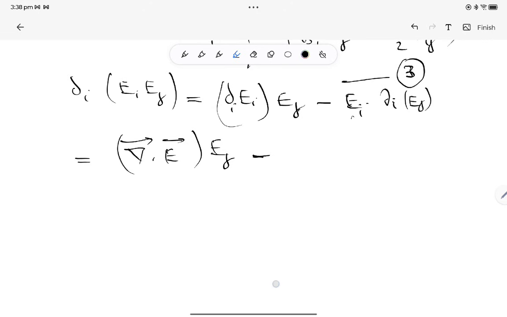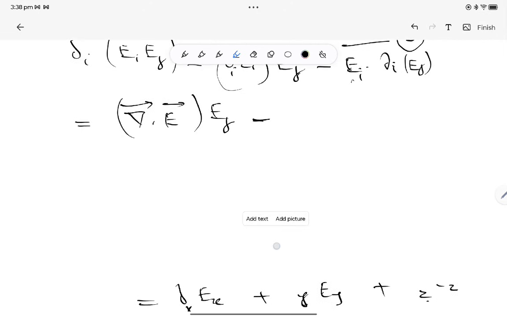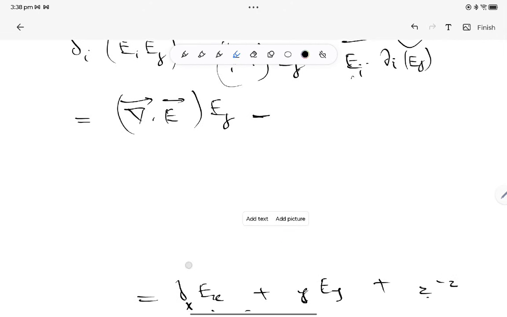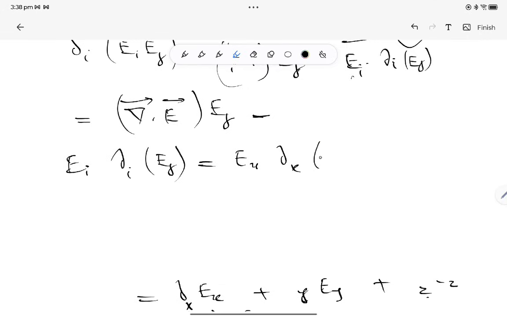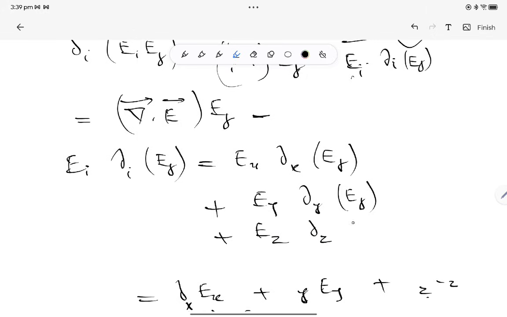Well, we have to sum over i. Keeping it there, we have to write E_i del_i E_j separately as E_x del_x E_j, j is constant, then E_y del_y E_j, then E_z del_z E_j.